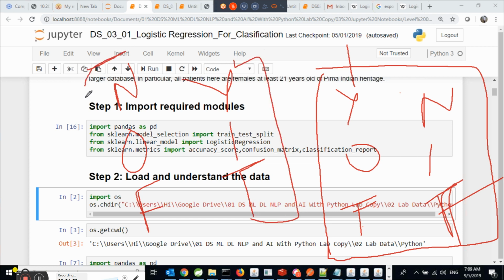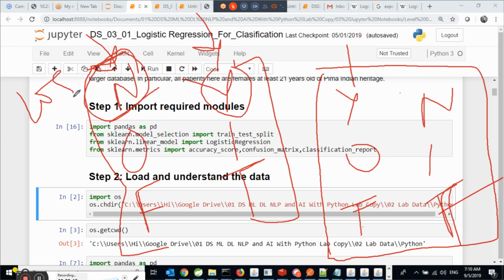This is the n, this is the y. n means no, y means yes, 0, 1, false, true. That's why we are using logistic regression. Why logistic regression? Because logistic regression is based internally on the logistic function, and the formula of the logistic function is f(x) = 1 / (1 + e^(-x)).